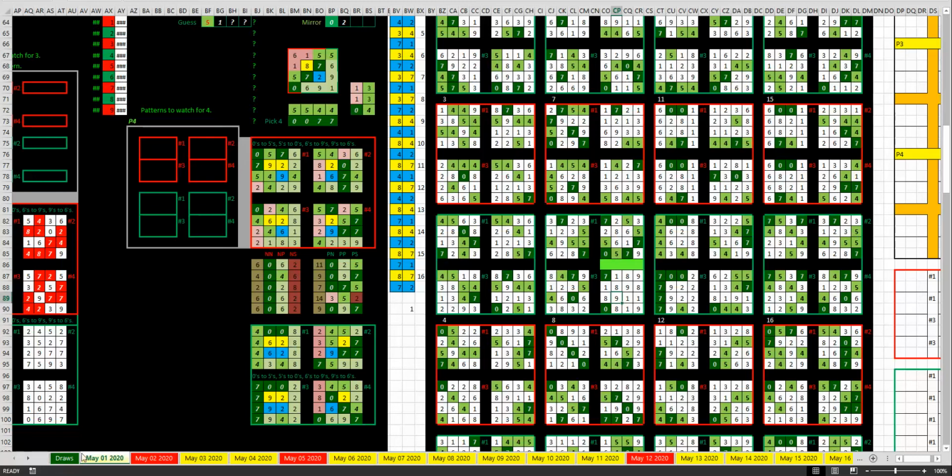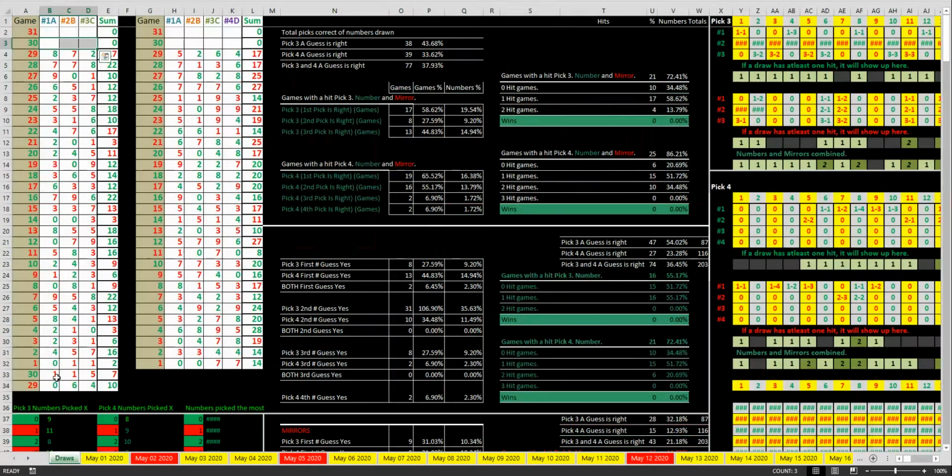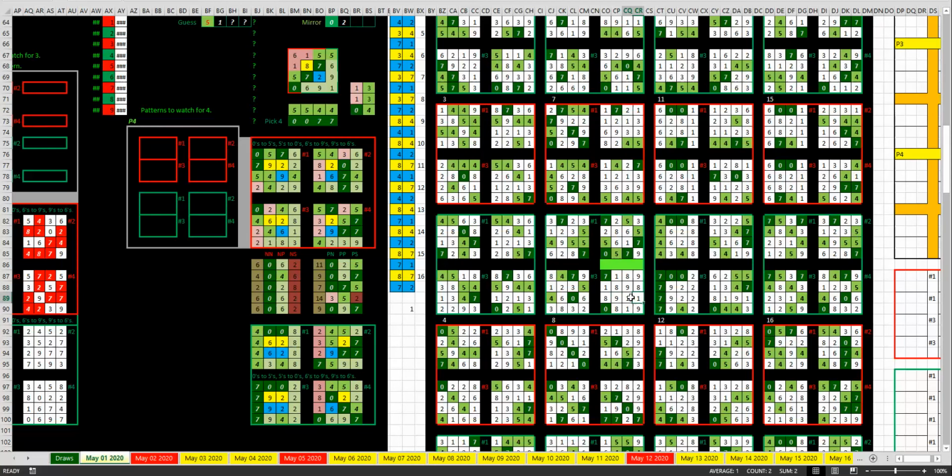And the pick 3 that day for the first was 0 1 1. And here's your 1s in a pattern with your 9, which would be your 0. And then your 7 was the lone number. That was the only time that showed up with 9s or the 1 or the 0 on this one.